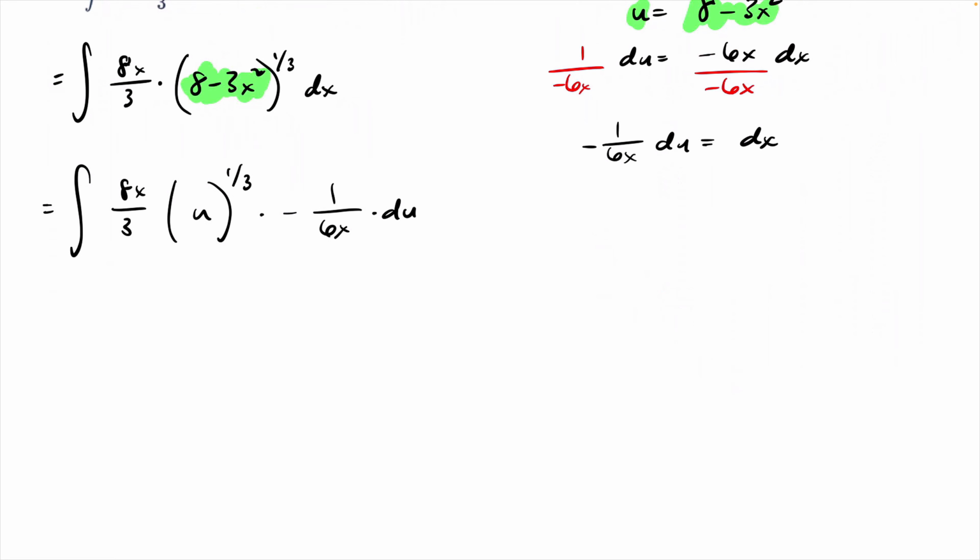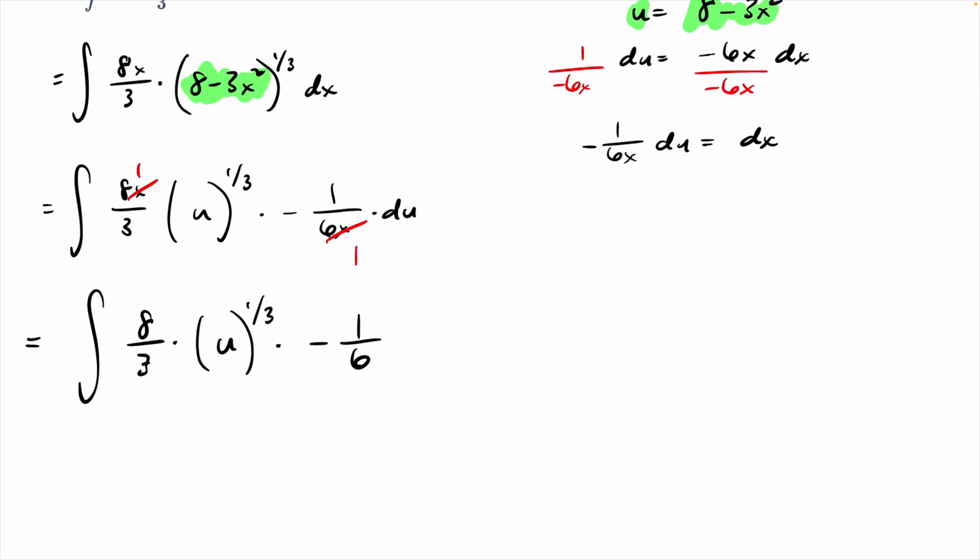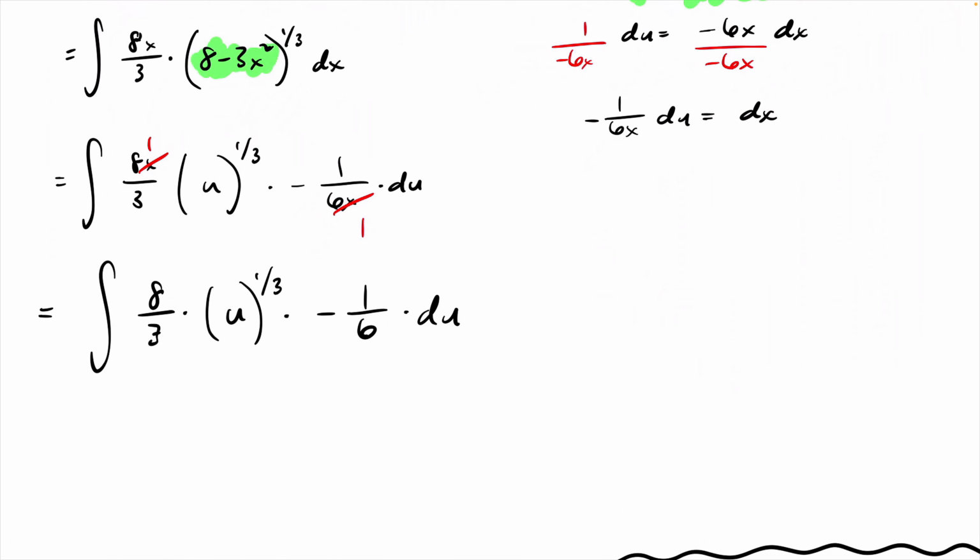Okay, so the x's cancel out. So I get 8/3 times u to the 1/3 times, now it's negative 1/6 du. So now I have two fractions that I can move to the front. This guy can move to the front. This guy can move to the front.